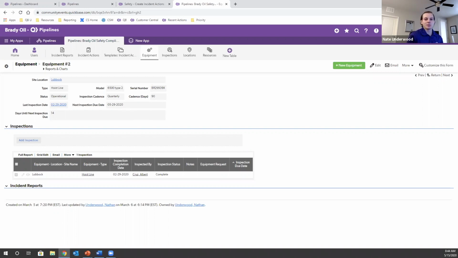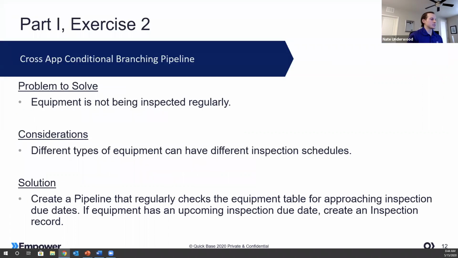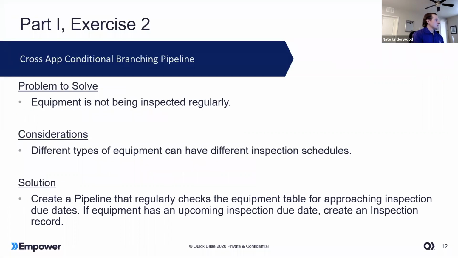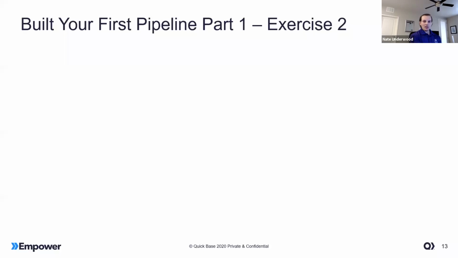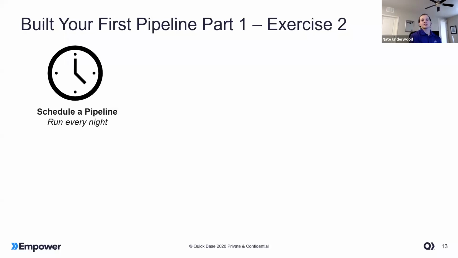So let's think about how we're going to do that really quickly by going back to our presentation. For this second problem, the first thing we're going to do is schedule a pipeline.